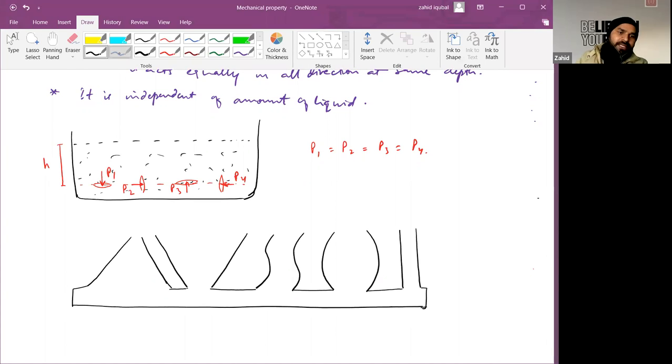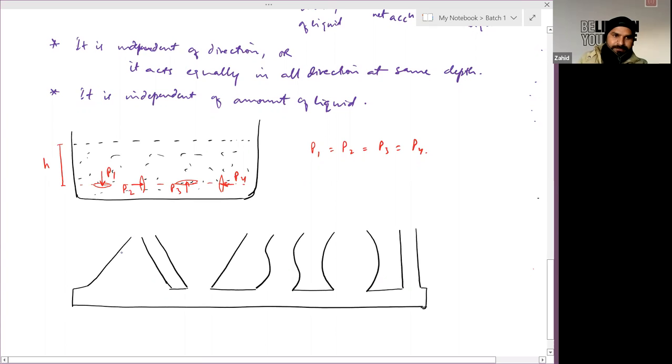So if you start filling liquid from any one side, the level of liquid raised in each vessel will remain the same.